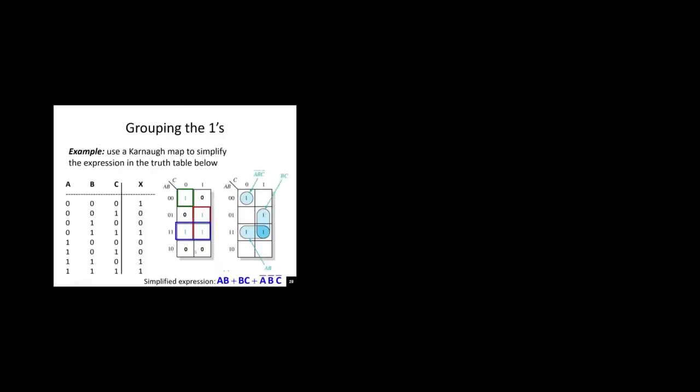All right, so finally, putting that all together, here's how we do our simplification. Here's our truth table for some expression for x. We create the Karnaugh map, so we've just copied across the entries that are 1 in each row of this truth table to the appropriate cells in the Karnaugh map, and similarly for the zeros. Then we do our grouping.